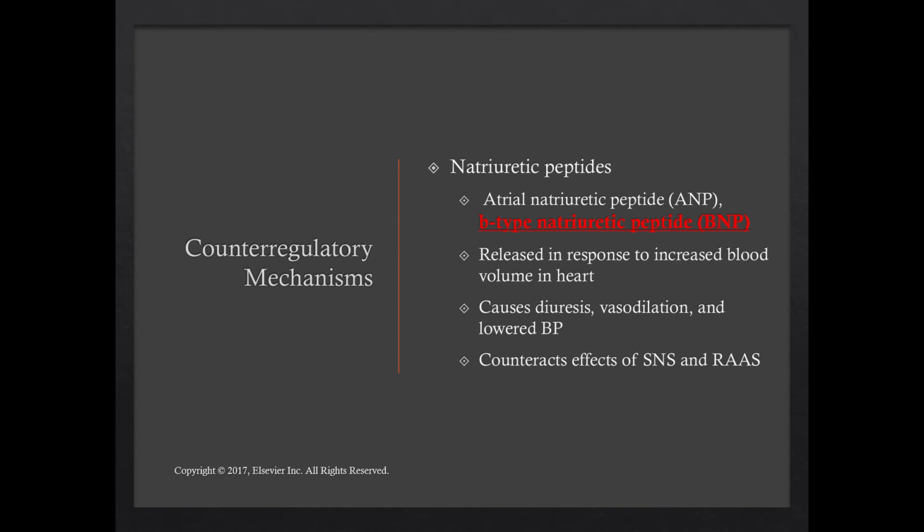So mechanisms that you need to be aware of, and I want you to pay very close attention to BNP. It's a blood test that we know as the heart fails, BNP goes up, or as BNP goes up, we know that the heart is failing.